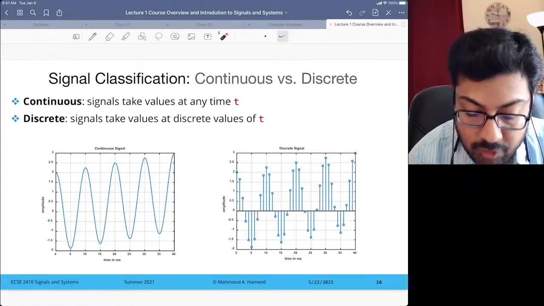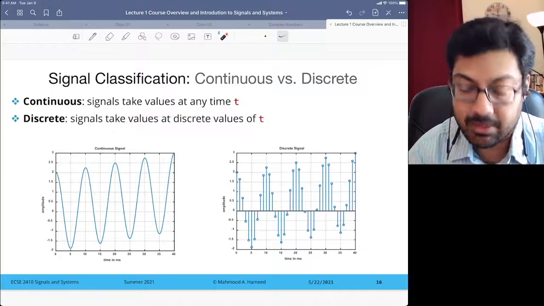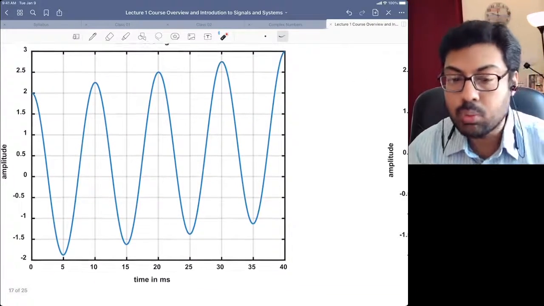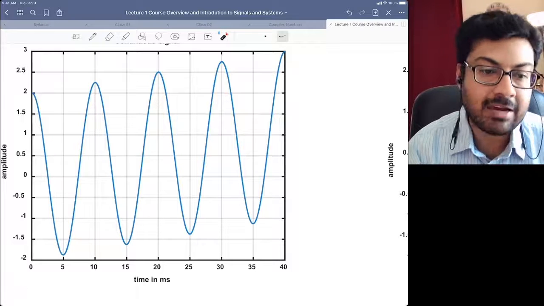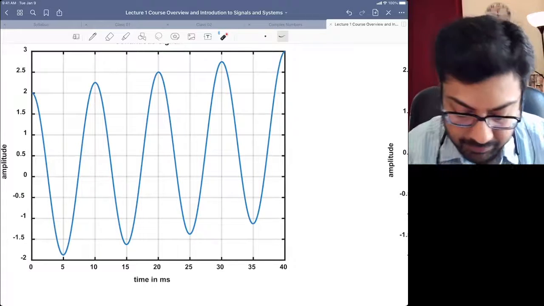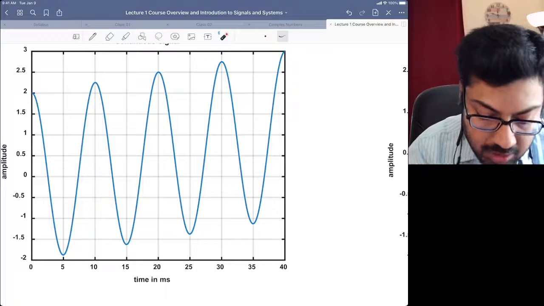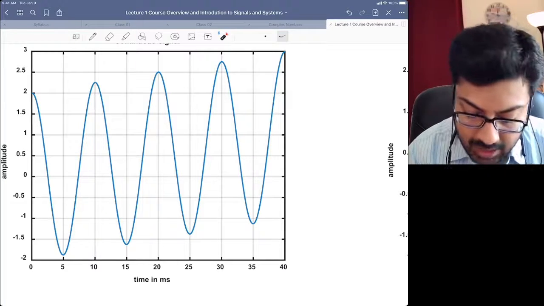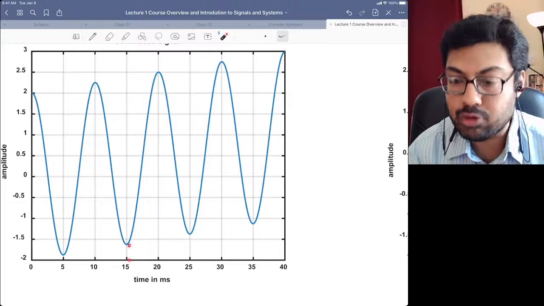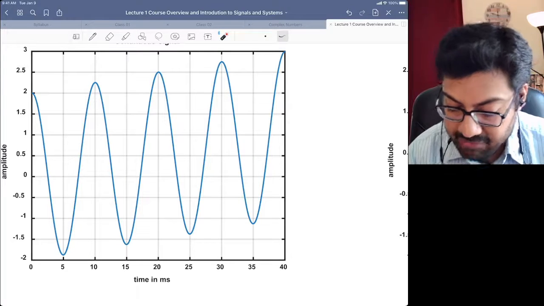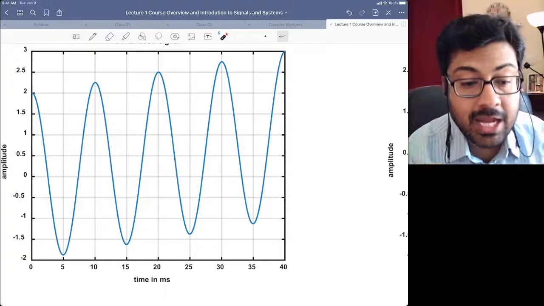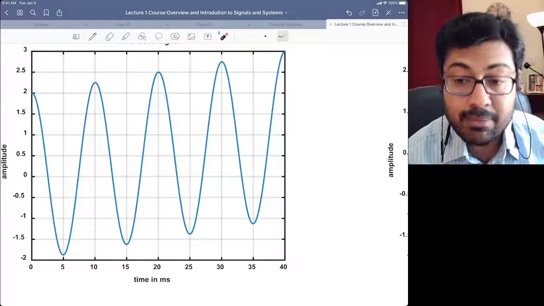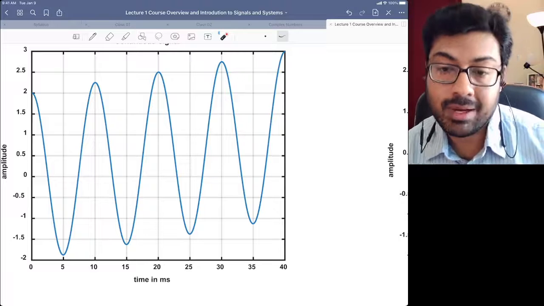What is it? So signals take values at any given time, and as you can see, if you pick any time over here, you will be able to find out what the value of that signal is going to be. For example, if I say 10, you will be able to say, yeah, maybe about 2.25. 15.1, yeah, you will be able to tell me. 30.5, you will be able to tell me. Any time I mention in milliseconds, you will be able to tell me what that amplitude value is going to be.